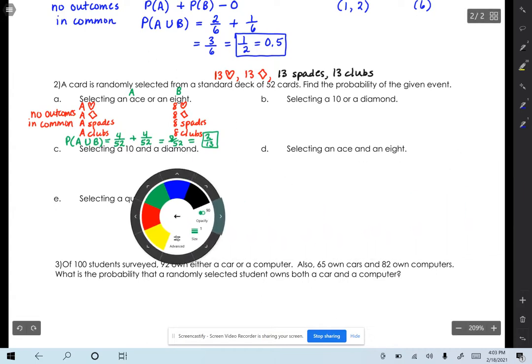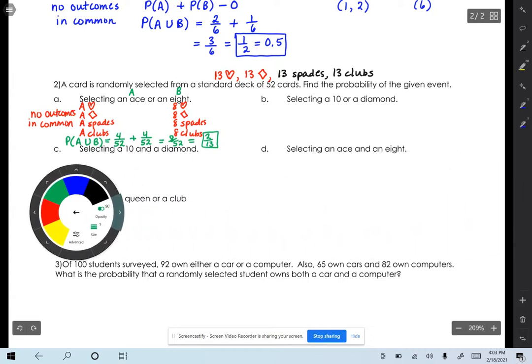Okay, let's do B. Selecting a 10 or a diamond. This time I won't draw big, and I'll draw a Venn diagram just to change it up a little. Okay, so you have 4 10s. So you have a 10 of hearts, 10 of diamond, or I'm sorry, because there's going to be a 10 of diamonds. So a 10 of clubs, 10 spades.